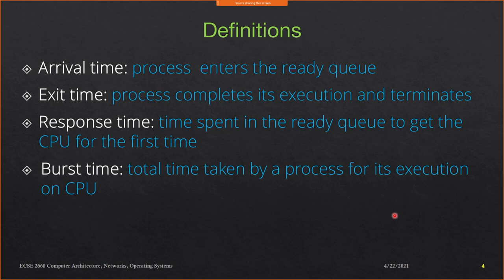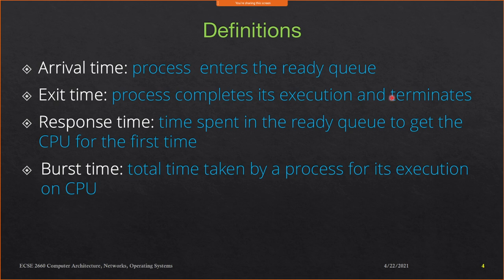So it's the time at which a process gets admitted into the ready queue and is in the ready state. That's called the arrival time for that specific process. Next, exit time. This is the time when the process moves from the running state into the terminated state. So the job got completed: the process completes its execution and terminates.